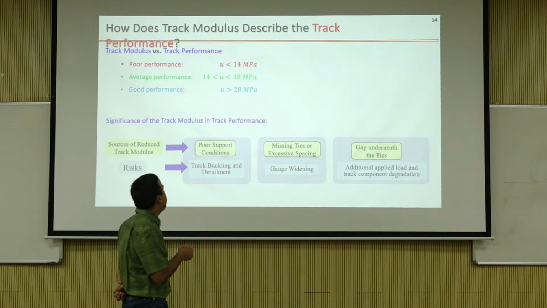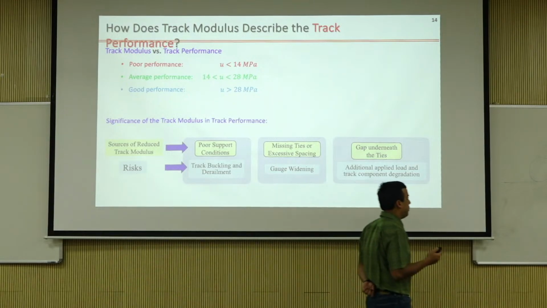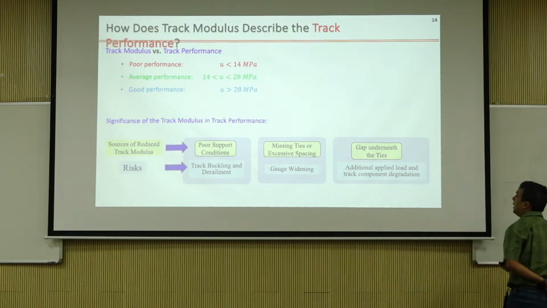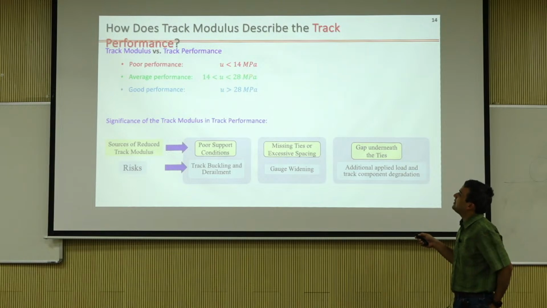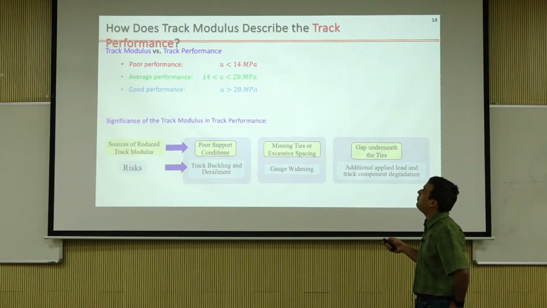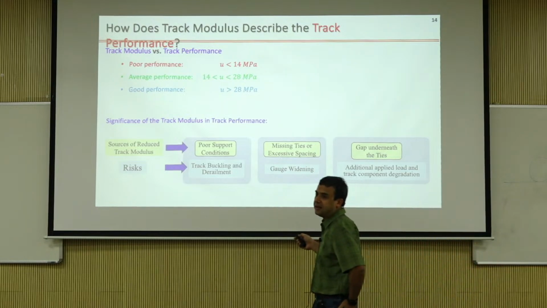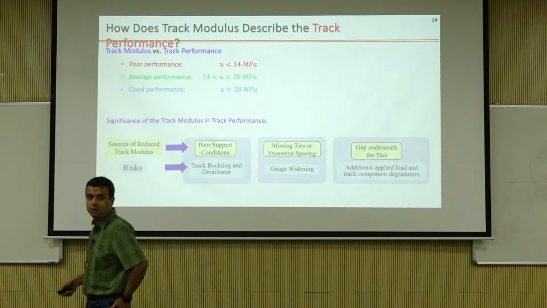This is some empirical work that Professor Seelig and others have done. If U or track modulus is less than 14 megapascal, then it's a poor track. Between 14 to 28 megapascal, it's okay. Greater than 28, it's good.